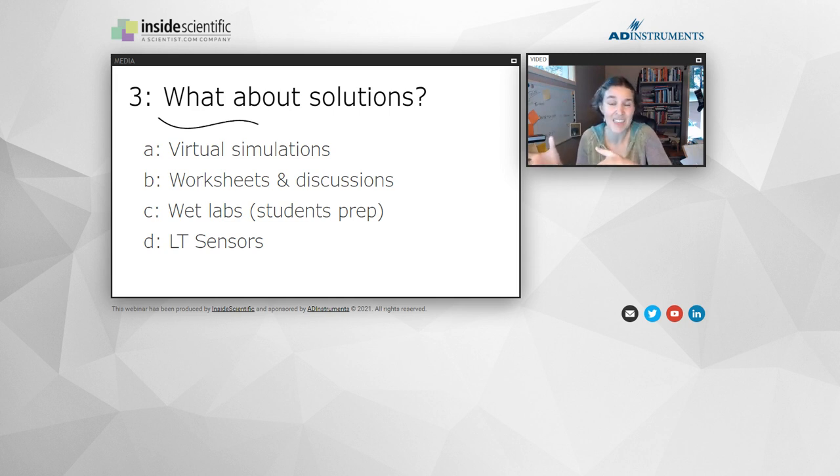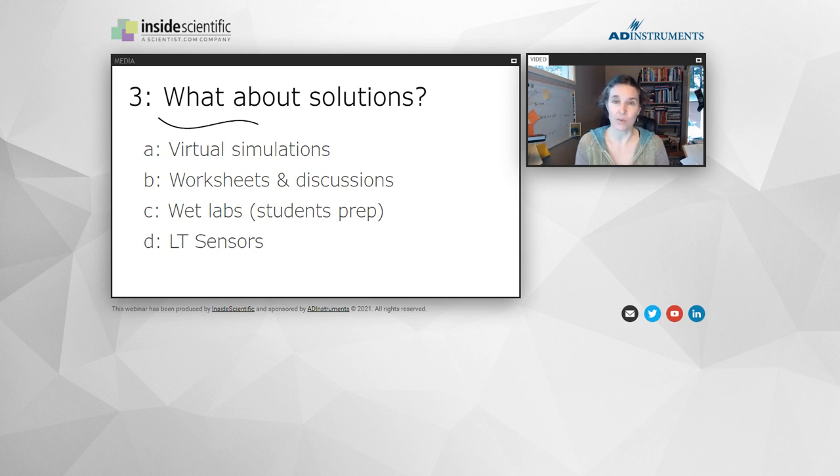And then the students returned the lab kits to the department, and those amazing humans went through and put everything away and refilled the lab kits and got them ready for the next semester. So holy workload, but possible.